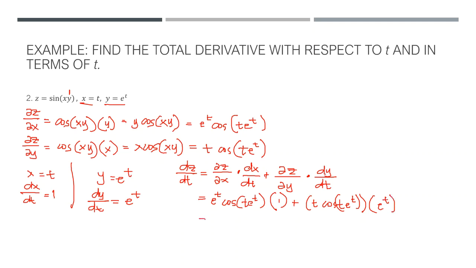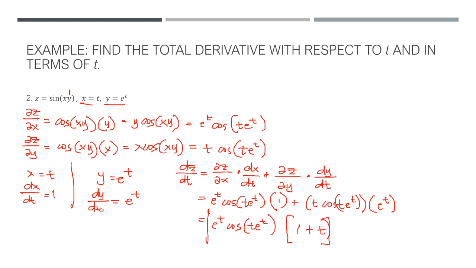Okay, so simplifying our answer and factoring out the common term, we have e^t cos t e^t is common from both terms. So we have, for this one, that's 1. And then this one is plus t.